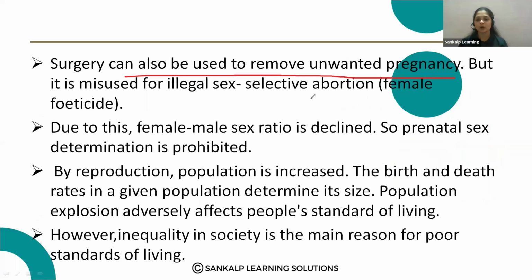This type of abortion is banned because if they detect the sex and come to know it is an unwanted sex, then it may be removed. So after the pregnancy, they were removing the unwanted pregnancy through surgery, but it is illegal now.